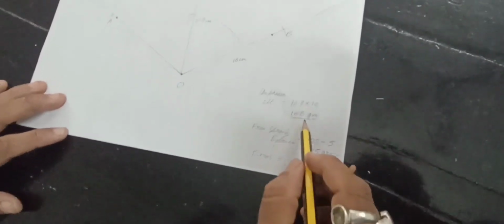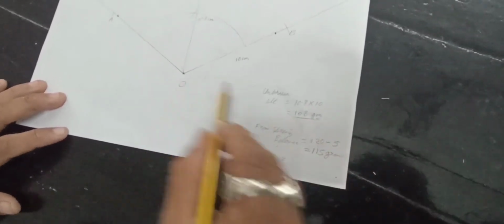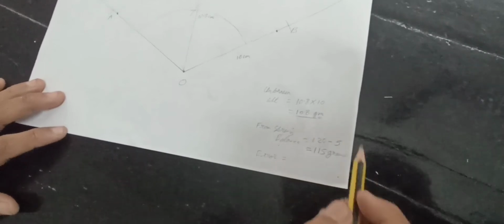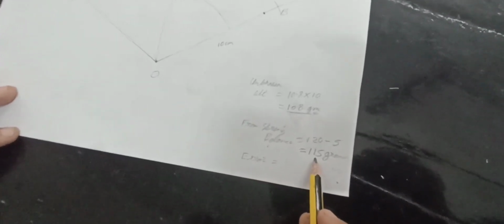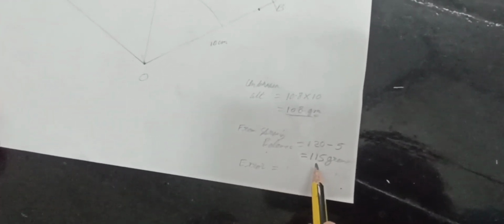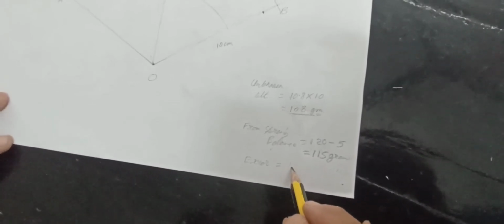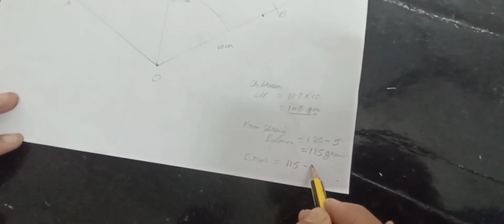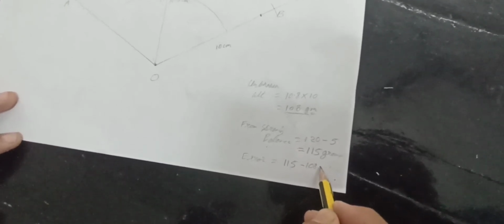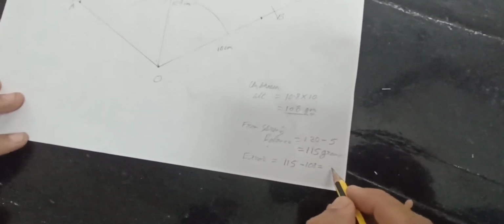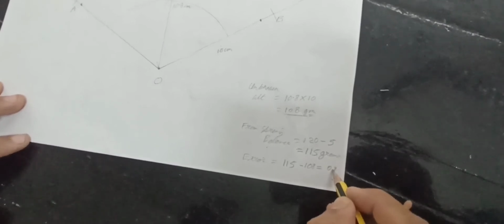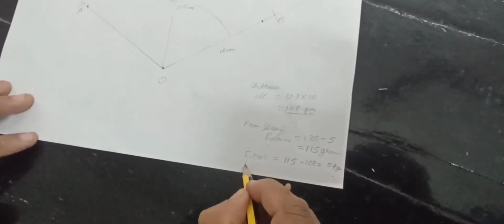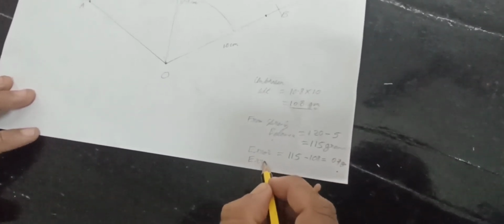So we have found using the experiment 108 gram, and in theoretical value we are getting 115 grams. So what is the error? 115 minus 108, so it is equal to 7 gram.